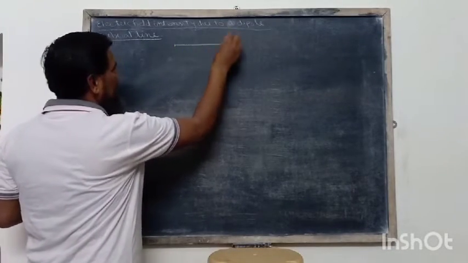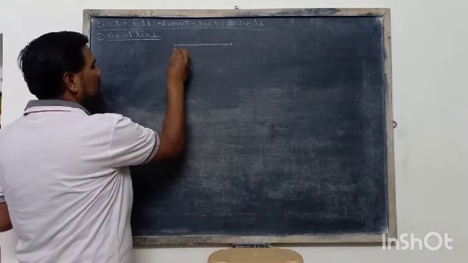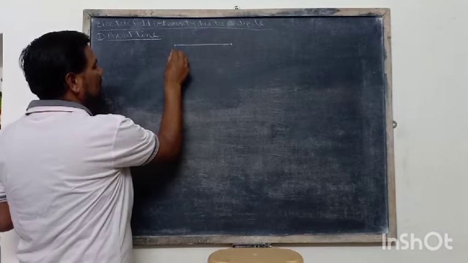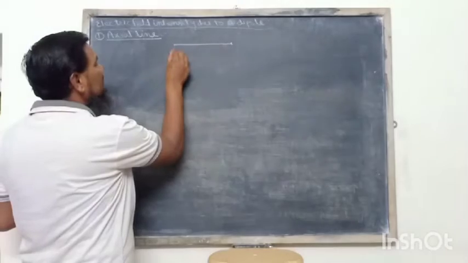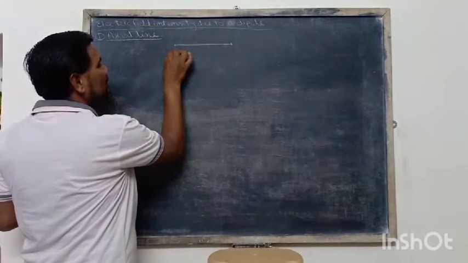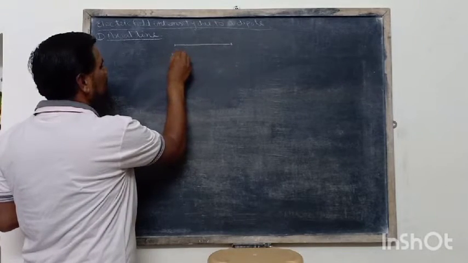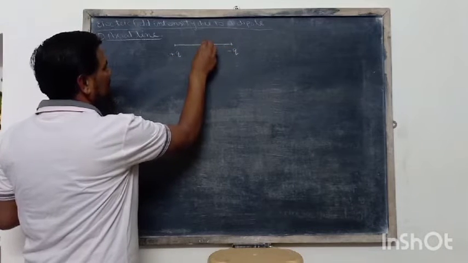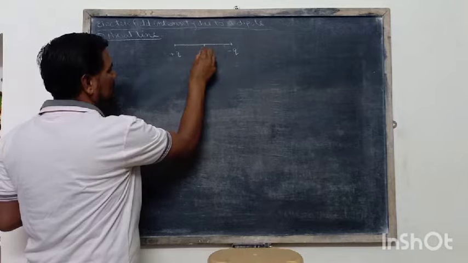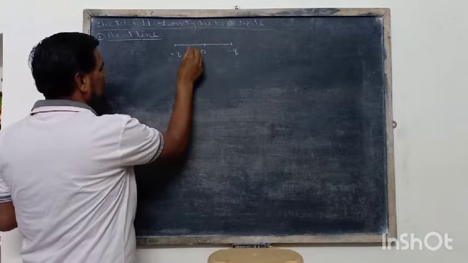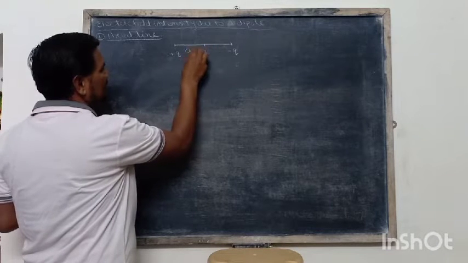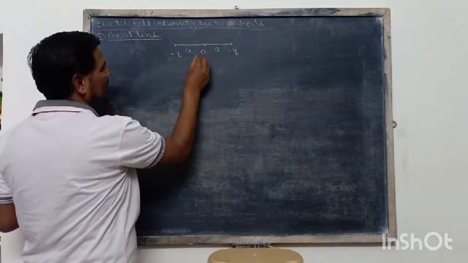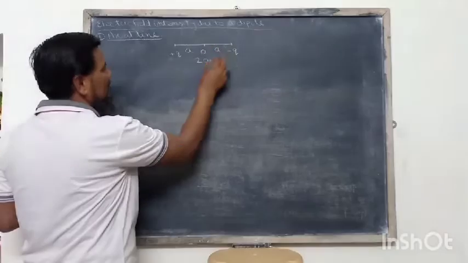and we know that a dipole contains two equal and opposite charges, plus q and minus q. The midpoint of the dipole is O, the distance of each charge from the midpoint is A, and the separation of the charges is 2A.